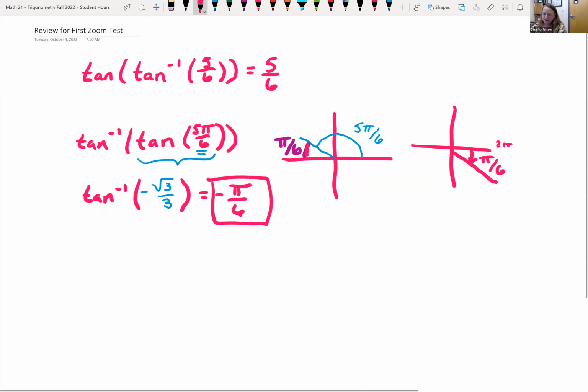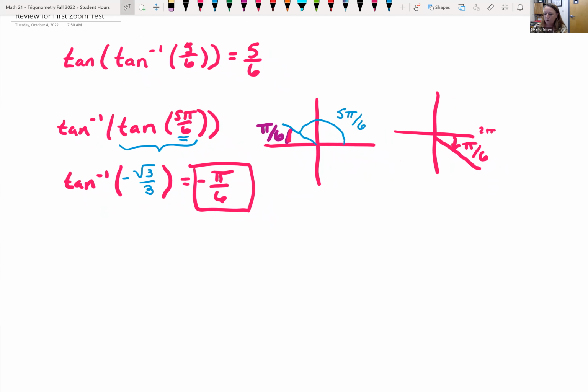Okay, so let's look at another one where maybe we didn't know the value and it didn't fall out like that.